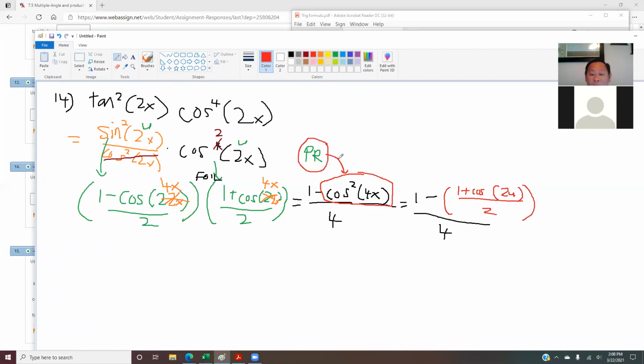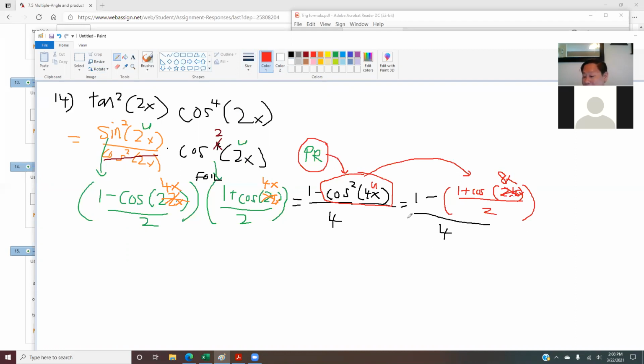So if you use power reducing, it is 1 plus, because cosine is plus. And again, I'm using u here, but your u last time was 2x, and this time your u is 4x. So I will do 4x here, and 2 times 4x will become 8x.